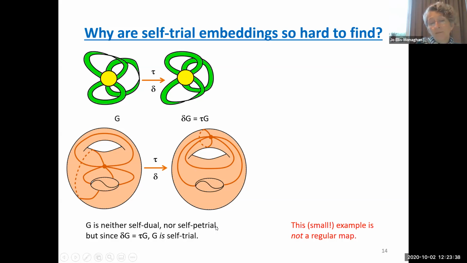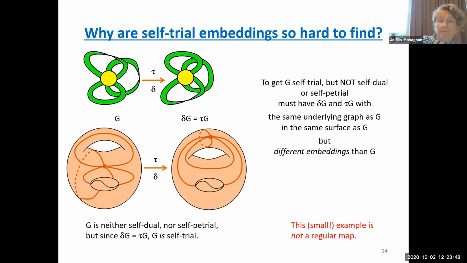But this guy is self-trial. All right. So how do we get a handle on these? And how do you find more of them? These guys have the same underlying graph as G. They lie in the same surface as G, but they're different embeddings from the original graph. Right? So there's G in the same surface.